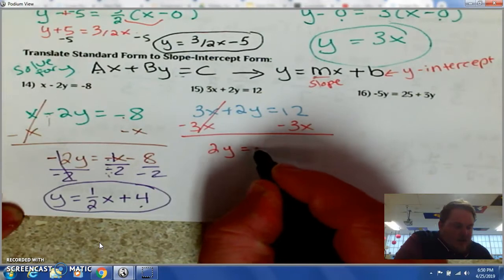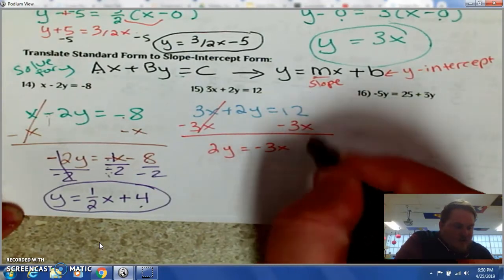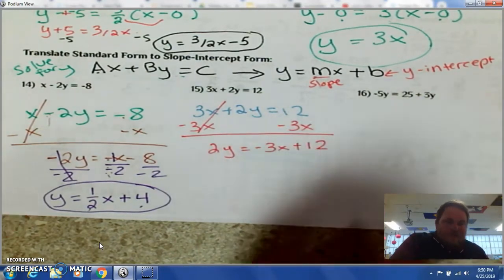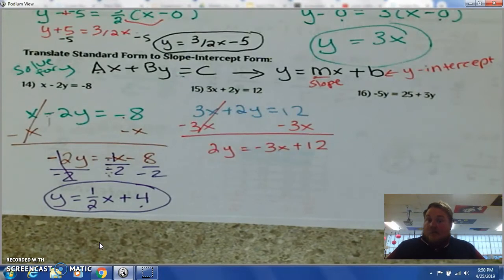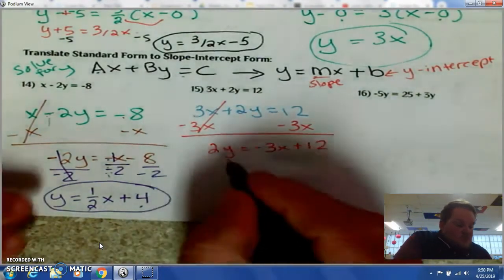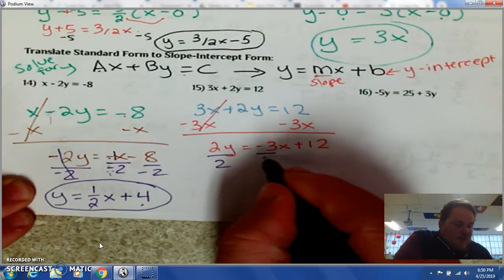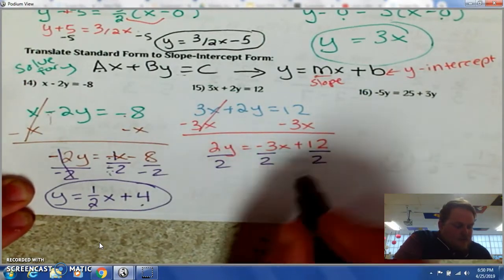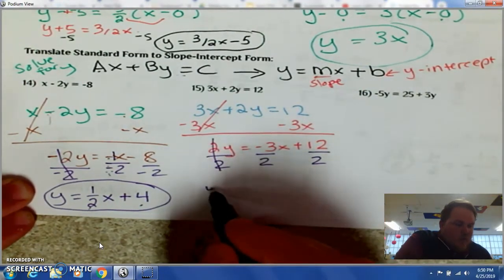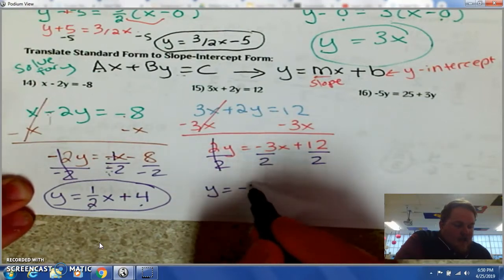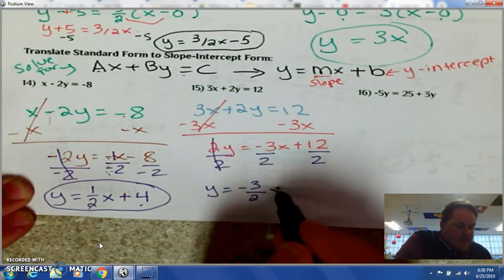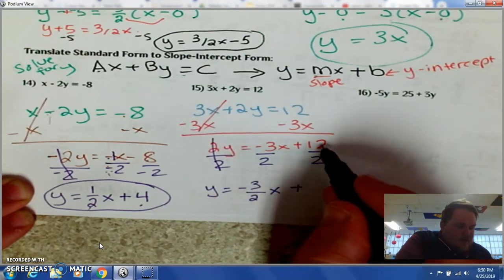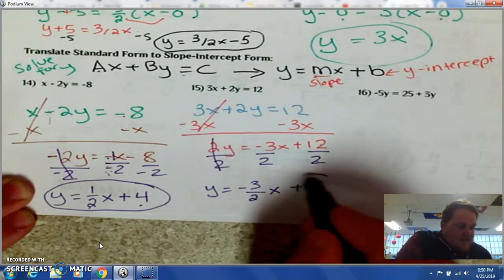We have negative 3x, and then it's plus 12 because the 12 is positive. Now we're going to divide by 2 every number that we see. Those cancel out. You have y equals negative 3/2 x plus 12 divided by 2 is 6.